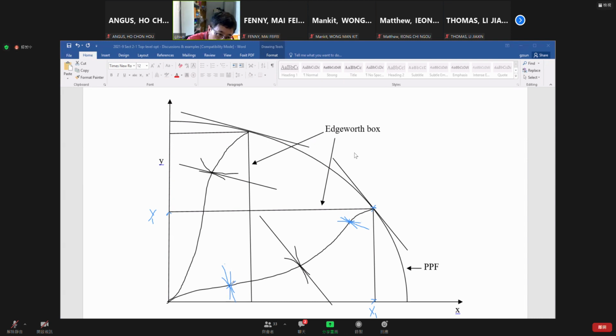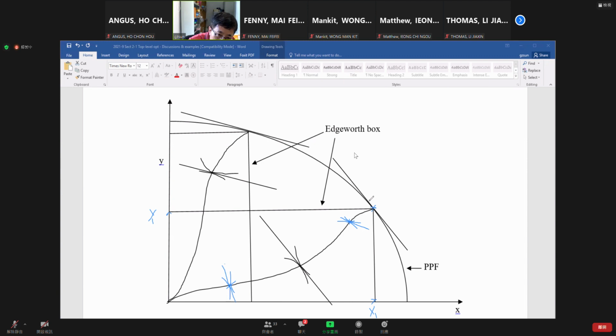At each point, Alice and Bob have the same marginal rate of substitution. That is exchange optimal.